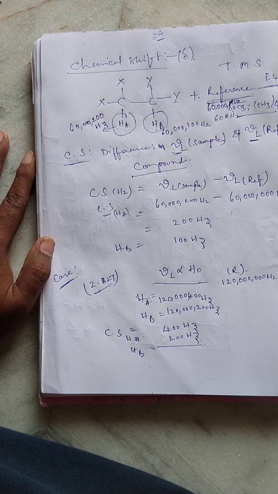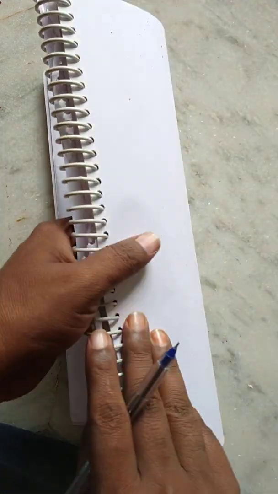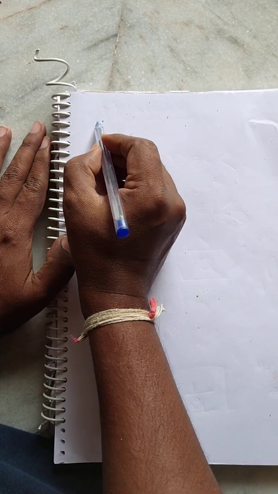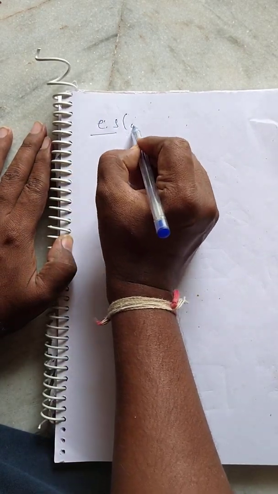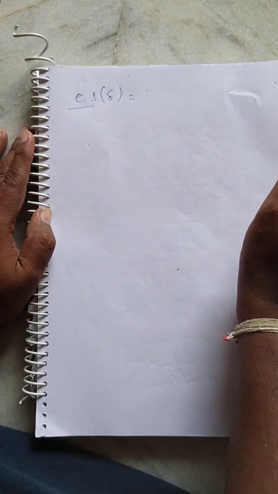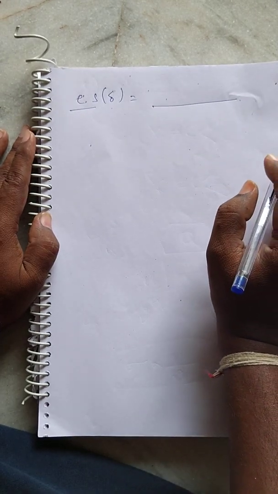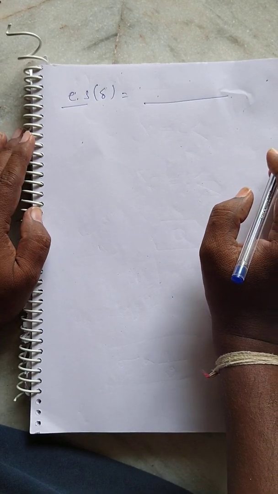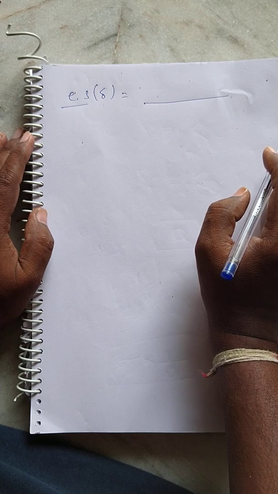So to do that, we have to give some other definition to chemical shift values. These chemical shift values are not supposed to change with the strength of the magnetic field or the energy of the radio frequency source, right?